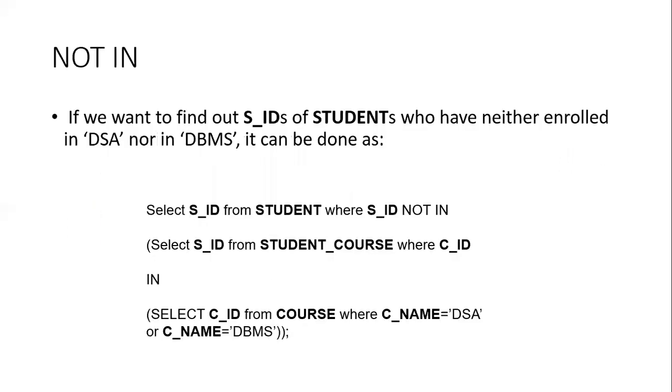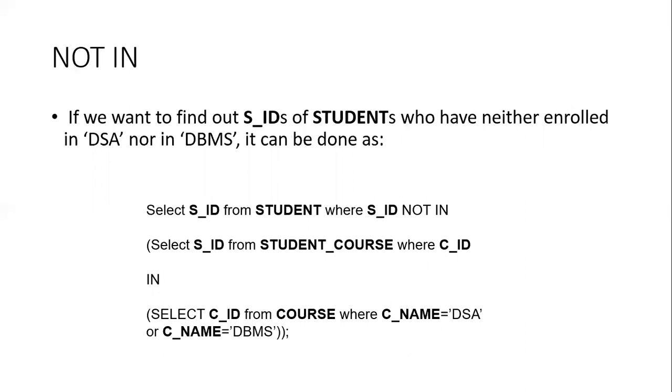Similarly, if we want the name of those students which are not having enrollment in DSA or DBMS, then what we do here, we will write not in instead of in. Okay, so firstly I have selected the course IDs corresponding to DSA and DBMS using the innermost query.